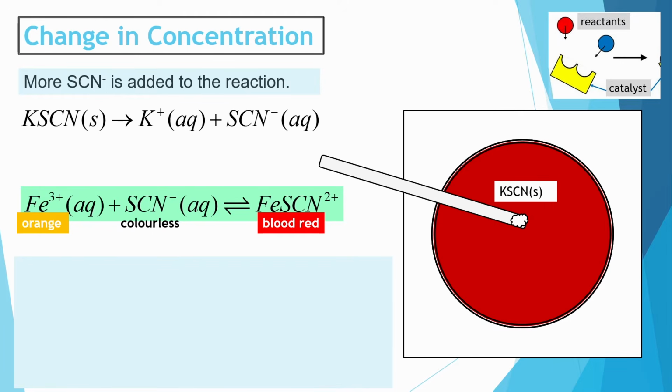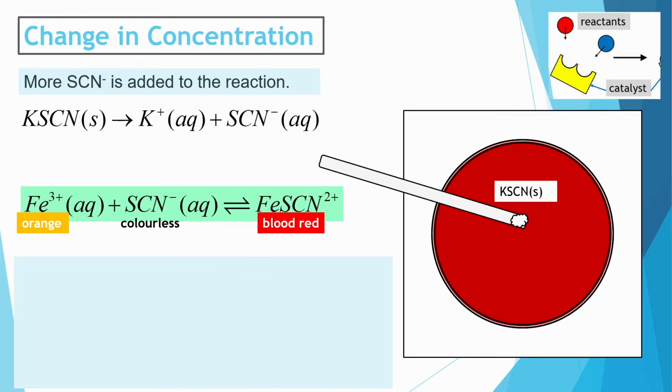Well, what if I added some potassium thiocyanate, which is essentially just thiocyanate plus potassium? Then what I'm introducing is more SCN- to the reaction. Now, remember Le Chatelier's principle. If I make a change, the equilibrium will move to oppose that change.